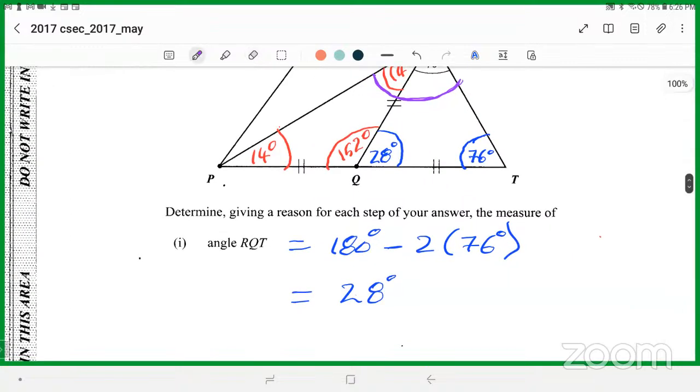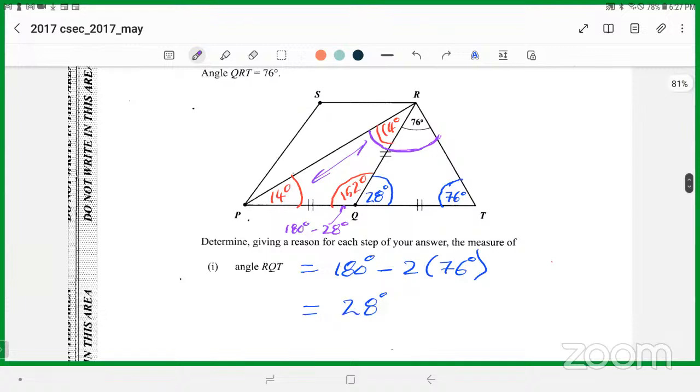The 152 right here is 180 degrees minus the 28 degrees because of total angle on a straight line. And then these two angles are equal because the triangle is isosceles, and they add up to the 28, which is 180 minus 152. So that's why they are 14.